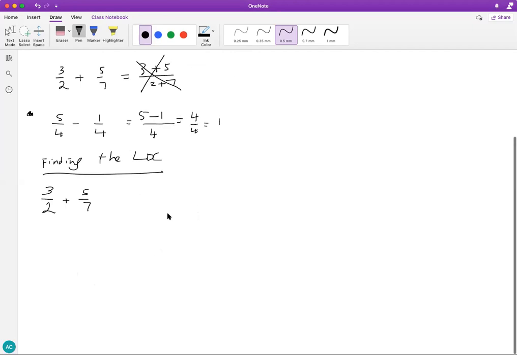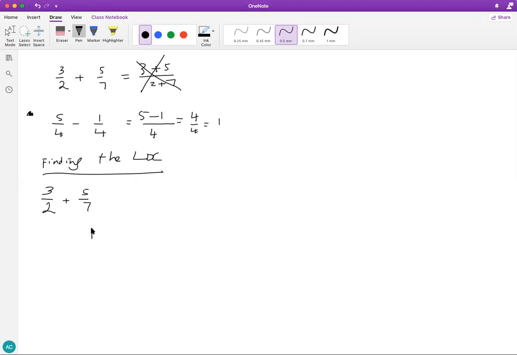There are different ways to find the denominator. Some of you can see it right away. For example, what is the common denominator for 2 and 7? In other words, what's the number that 2 and 7 can go into? The least number. Not 2, because 7 doesn't go into 2.